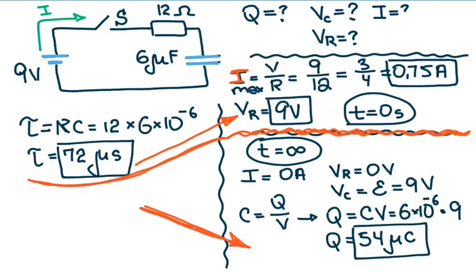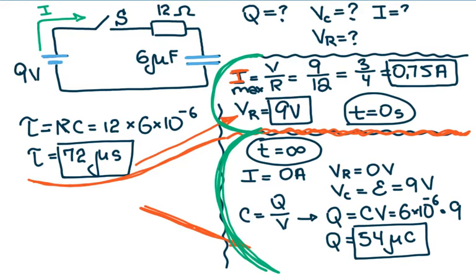On the AP exam, on this type of question, they will say, what happens right after the switch is switched? When they say that, you have to do these calculations. If they say what happens in the circuit a long time after the switch was switched, you do these calculations, because the capacitor is fully charged.